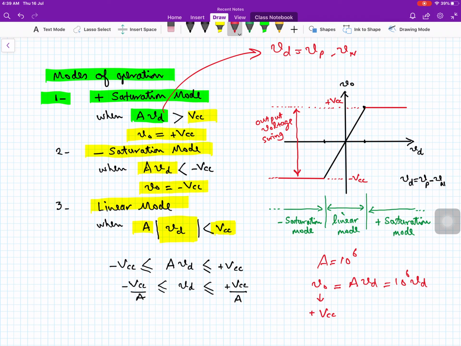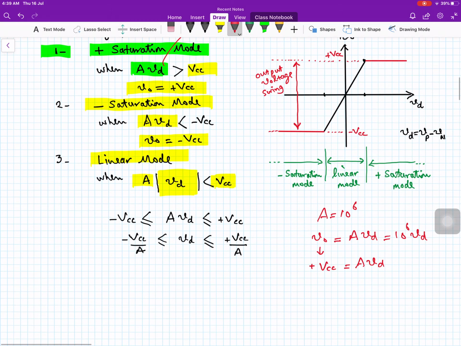So if we consider the maximum voltage, it cannot exceed the plus VCC level, and this is AVD. Now, if we assume VCC is plus 15 volts and minus VCC is minus 15 volts, then we can ask what differential voltage gives the maximum output voltage.